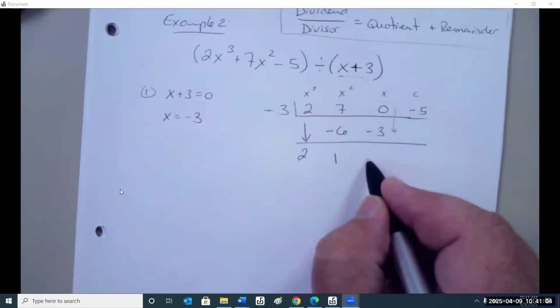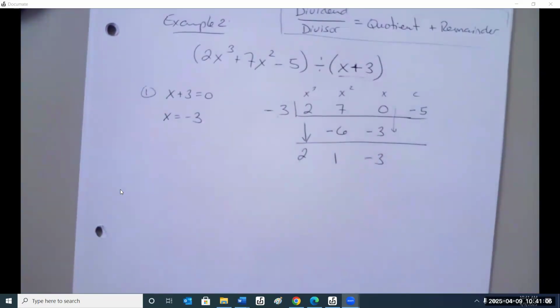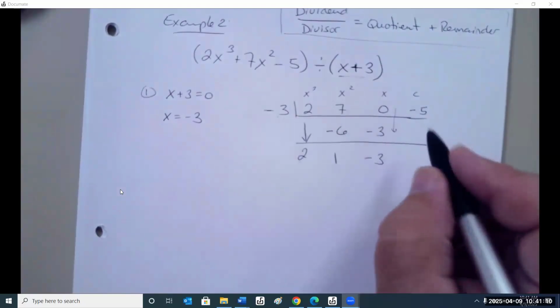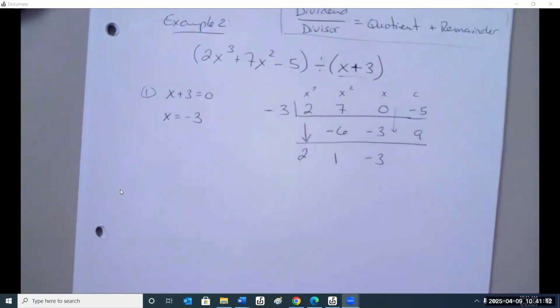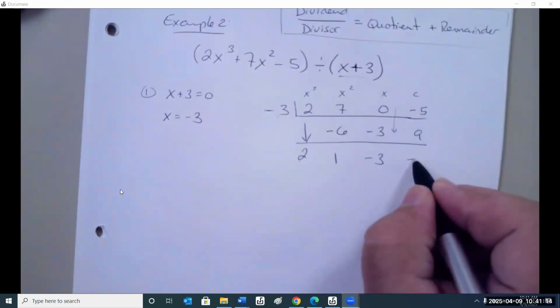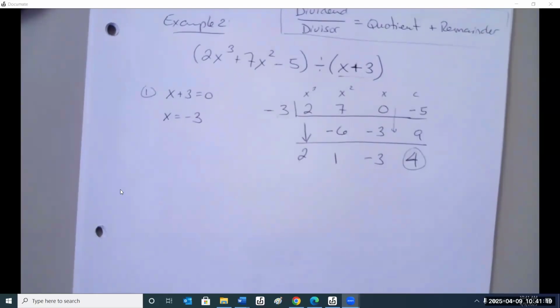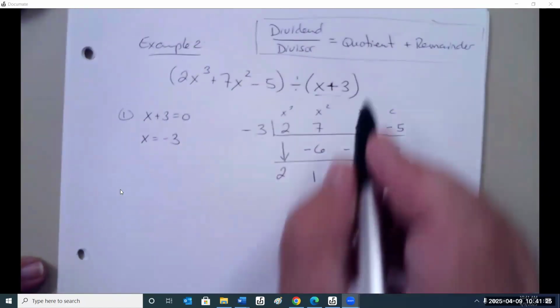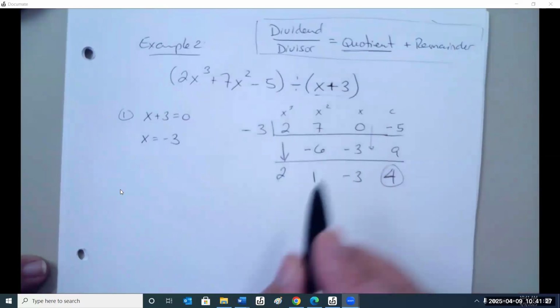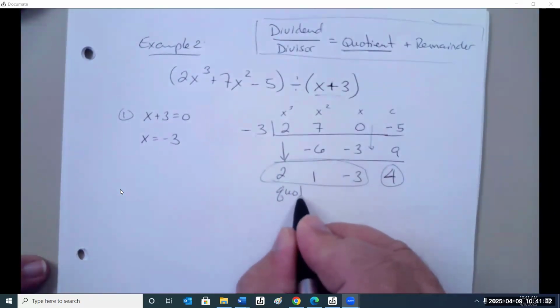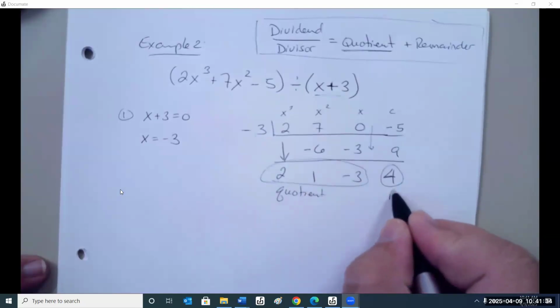Add straight down, I get negative 3. Negative 3 times negative 3 is positive 9. 9 minus 5 is 4. That's my remainder. So my quotient is this. This is my quotient. This is my remainder.